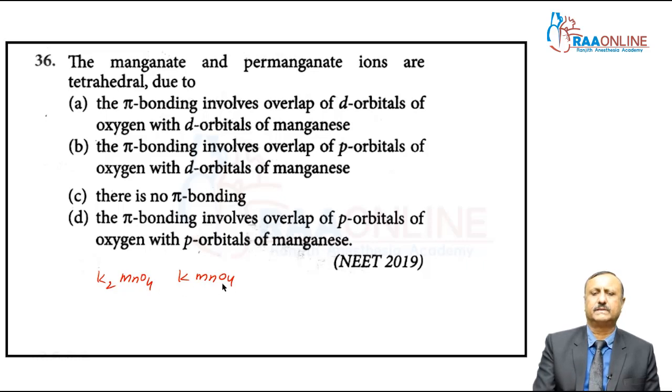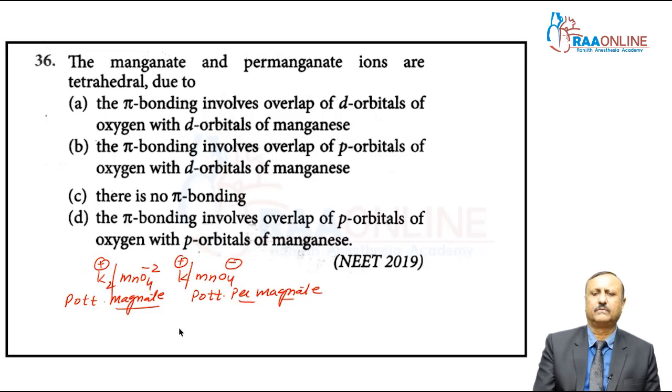KMnO4 is potassium permanganate, and K2MnO4 is potassium manganate. In potassium manganate, there is a plus 1 charge on potassium, so a minus 2 charge is present on manganate. Here you can see only a minus 1 charge is present in potassium permanganate.